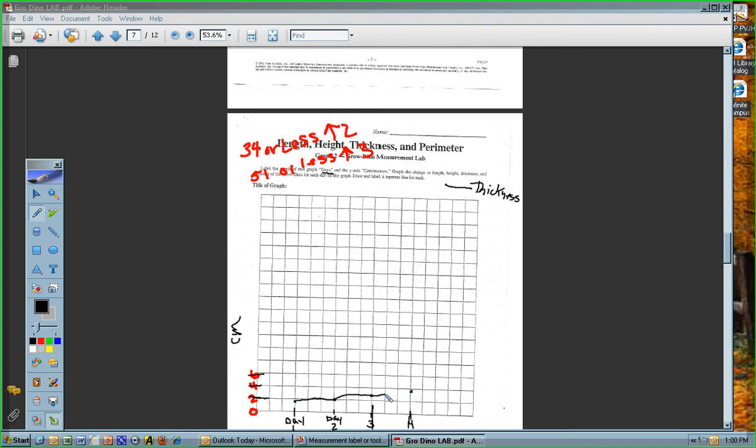Now, since your dinosaur was never 0 thickness, you do not connect between day 1 and day 0, because it was never 0 thickness.